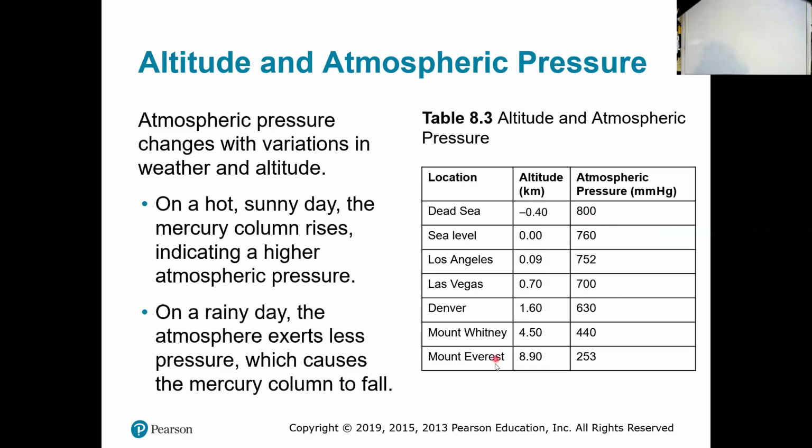But once you get up to the top of mountains, or even if you've ever gone to somewhere like Denver, Colorado, and you try to walk around on the street there, you'll notice the difference in the atmospheric pressure, because a lot of times you'll run out of breath a lot faster in a place that's at a higher altitude. And that's because you're used to breathing with an atmospheric pressure right around 760.